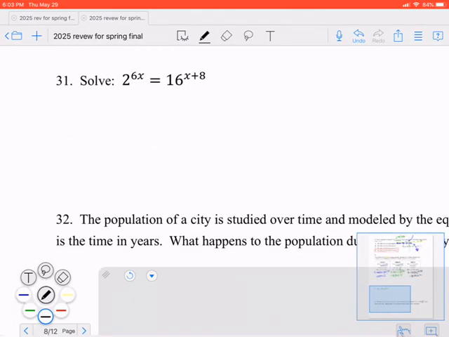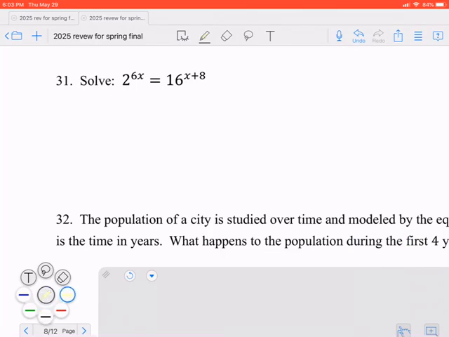All right. Solve. When we're solving and our variable is in the exponent, we have a couple of options. One option is to get the bases to be the same number. So can I represent 16 as 2 to some power? Yes, we can. 2 to the 4th power is 16.